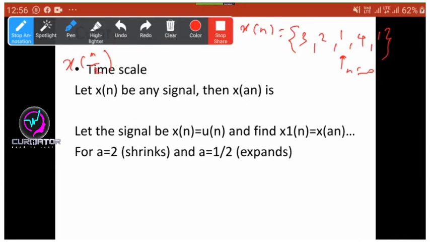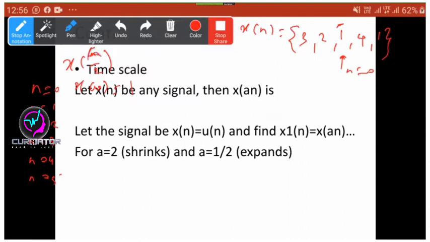Let me give values n equal to 0, 1, 2, 3, 4, 5. For n equal to 0, x of 0 by 2, x of 0, that is equal to 1. Here, this value 1.